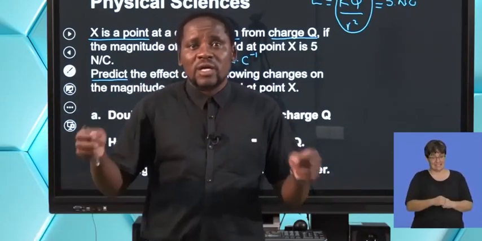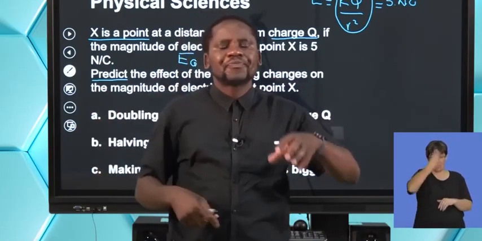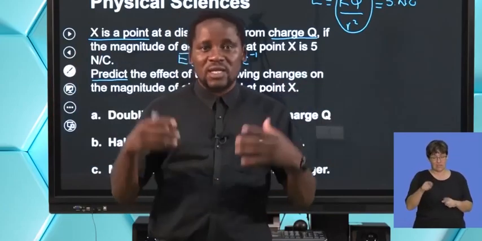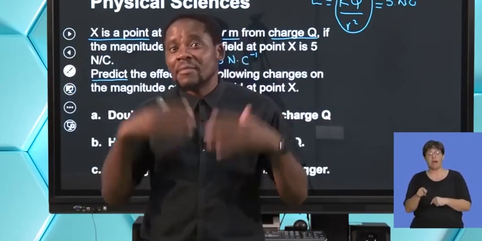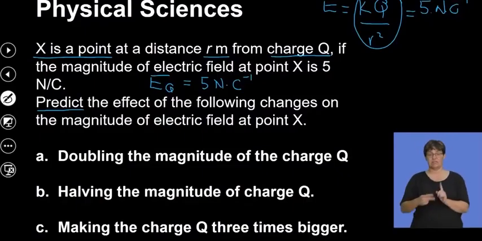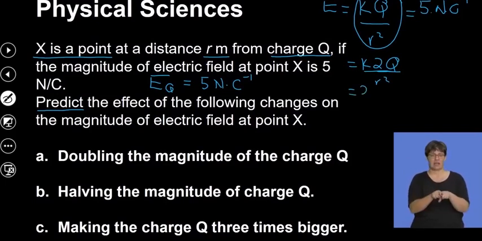Definitely does. At the same point, using a bigger charge, the force that a unit positive charge experiences becomes correspondingly greater, right? So if we double the charge, what effect do we have? We then will have K times 2Q, that's the doubling part, over R squared.